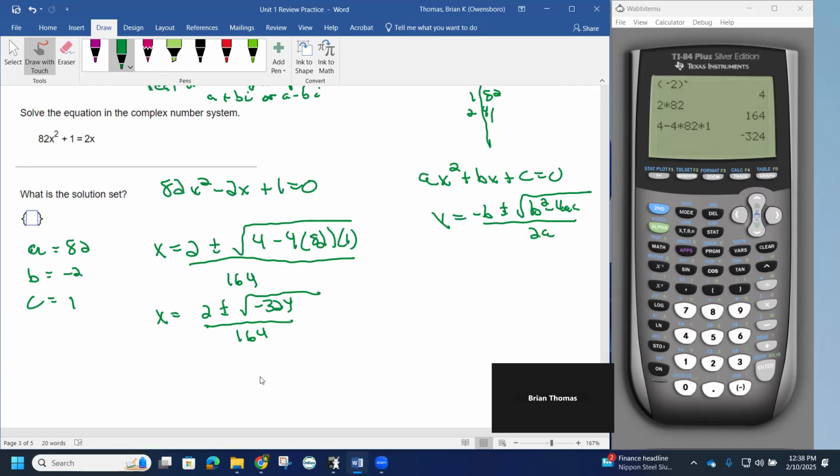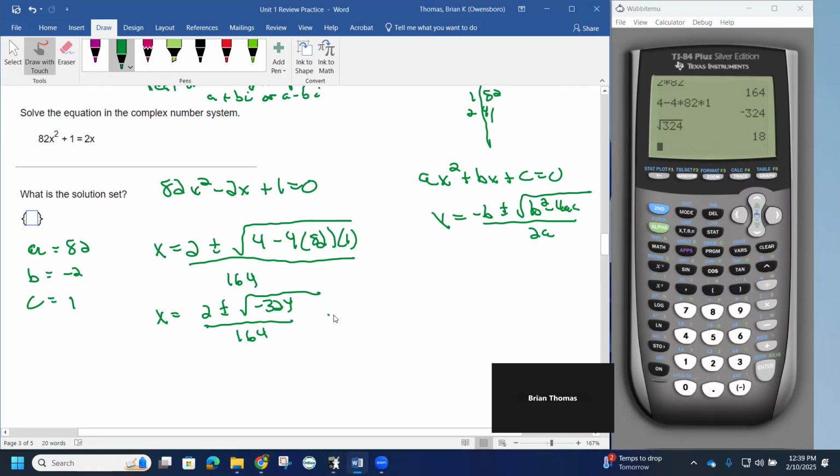Now, one of the things we pick up on is the negative is going to come out as an i, because this represents an imaginary number. You cannot have a negative inside a square root symbol, so that means we're imaginary. To get rid of the negative 1, we're going to bring an i out. And I'm just curious, what's the square root of 324? It's actually 18, so that's a perfect square.